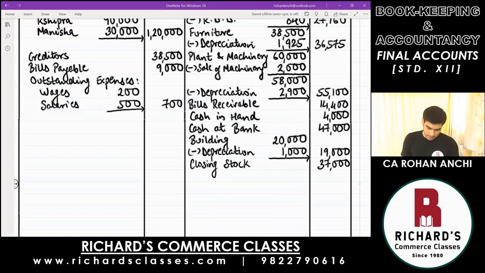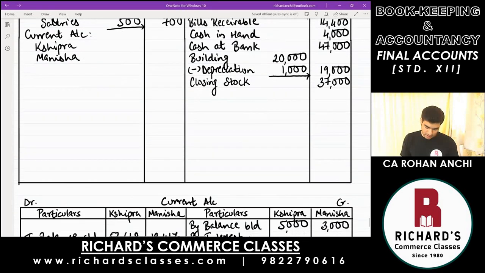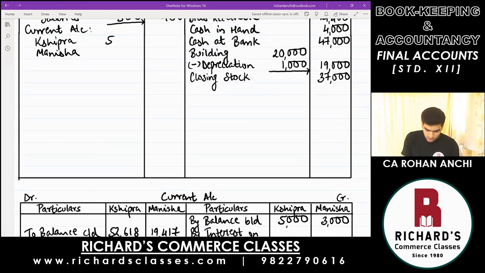Write up current account in the inner column first. Write up for Shipra and Manisha. Amounts were 52,618 and 19,417.